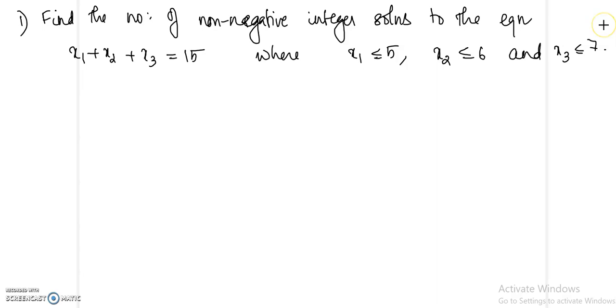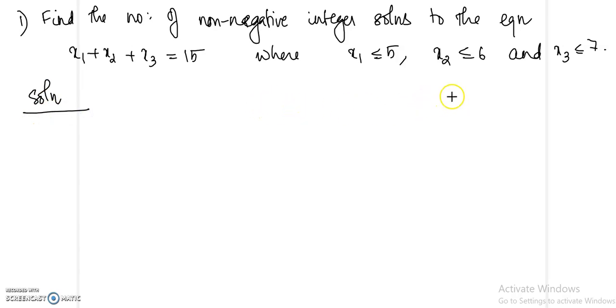So this is our first module concerning the problem of finding the non-negative integer solutions. We will use the previous result, the corollaries, to solve this. For solving this, we will define sets and we will define properties on those sets. So let us look at the solution.